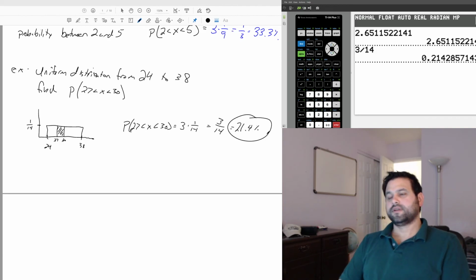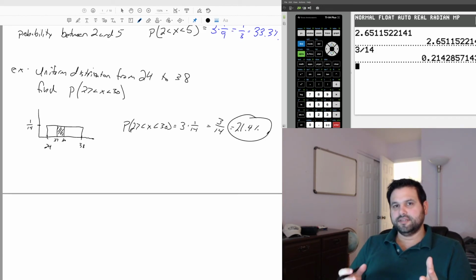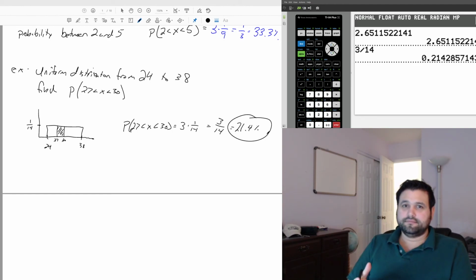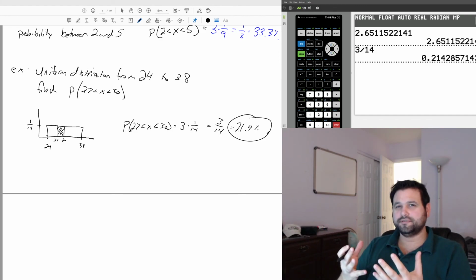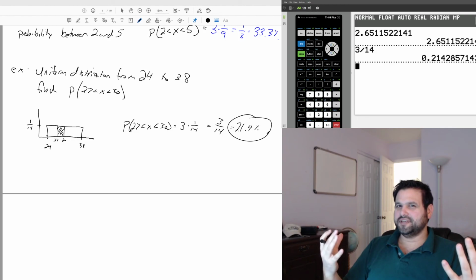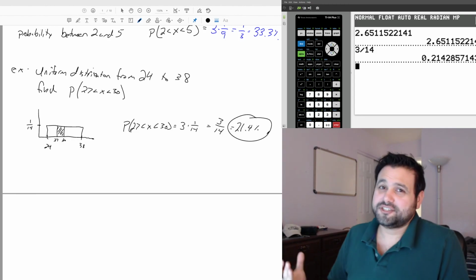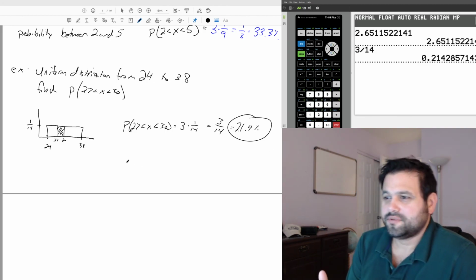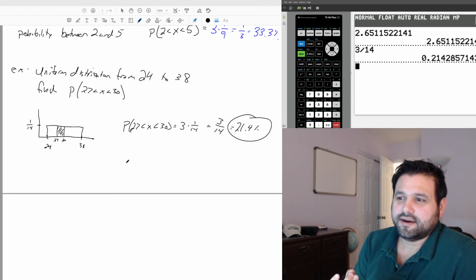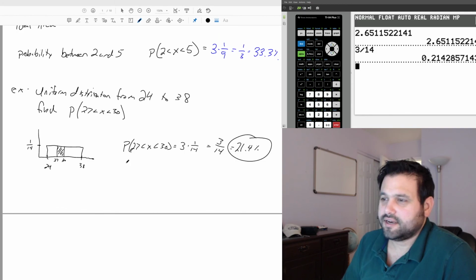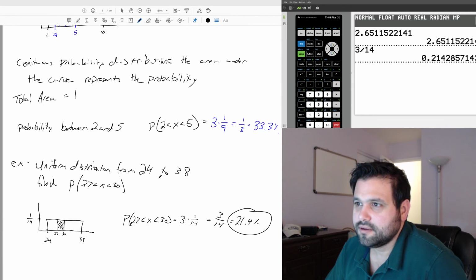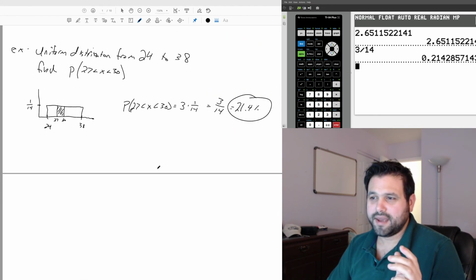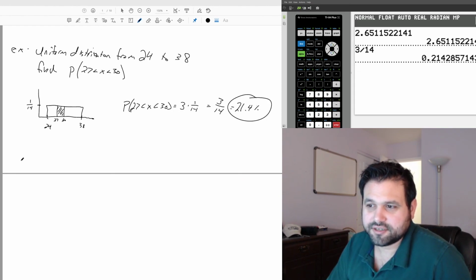So, a couple interesting things with continuous probability distributions. Number one, the probability of any individual value is 0. However, you start adding up all of those probabilities and somehow you get 100%. Kind of some weird things going on there, but that's just the way that the math works. So, uniform distribution, all we're doing is we're finding the area of a rectangle. This idea that we talked about, the area being the probability, that's one of the main takeaways of this section, okay?